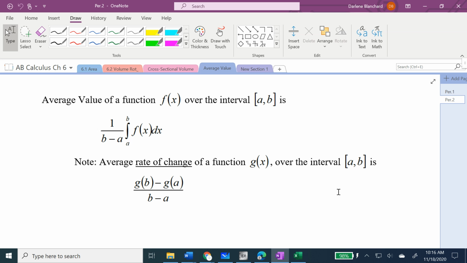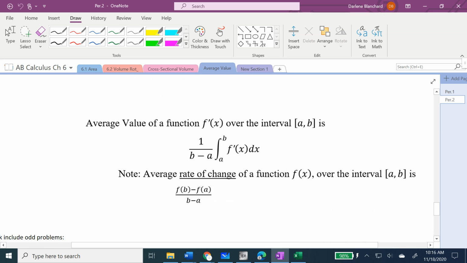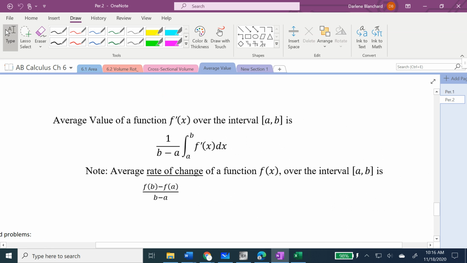Guess what? They're not two different formulas. Let me show you. If I change what I said was function f to function f prime, then when I say find the average value of the function f prime over the interval a to b, you're integrating f prime.